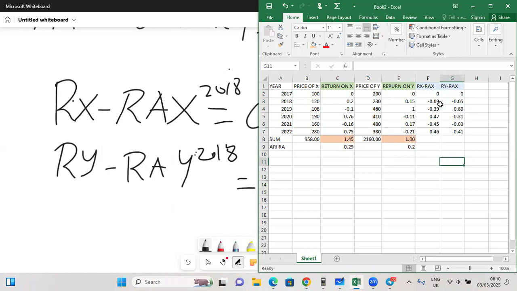I hope you get it. So now let's move on to getting our expected return. Remember, the expected return is basically the weight of X times the return on X, the arithmetic return on X, and then the weight of Y times the arithmetic return of Y. So expected return.